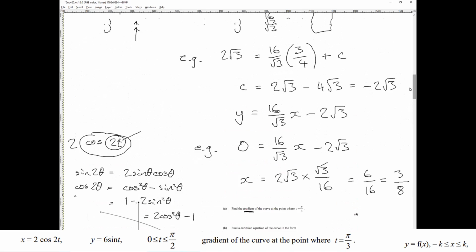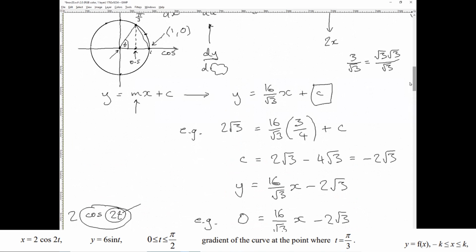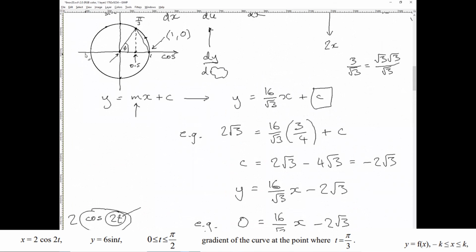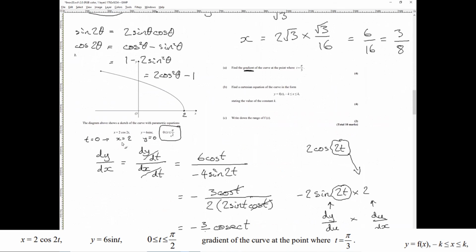On the circle it would be 9 o'clock. And the cos coordinate of the 9 o'clock mark is minus 1. Minus 1, good. Okay, so x will be minus 2. Yes.